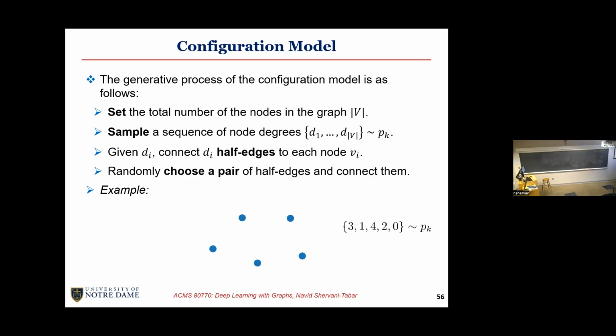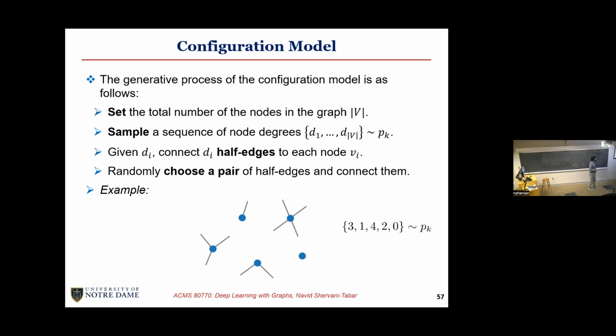So I add 3 half edges to node 1, and node V5 is not connected, so I don't add any. So this is what it's going to look like: one node that has degree 3, one node with degree 1, one node with degree 4, one node with degree 2, and one node with degree equal to 0.